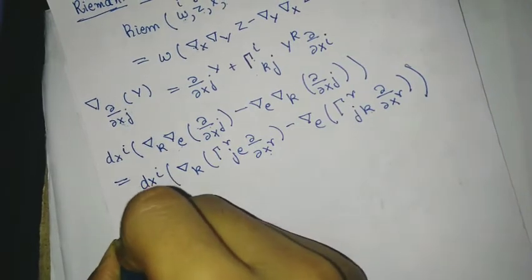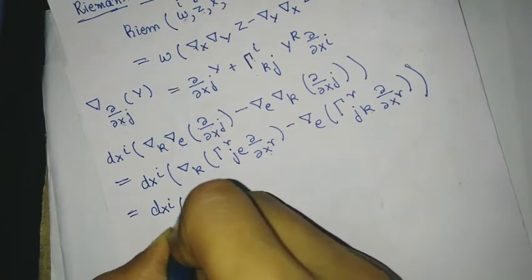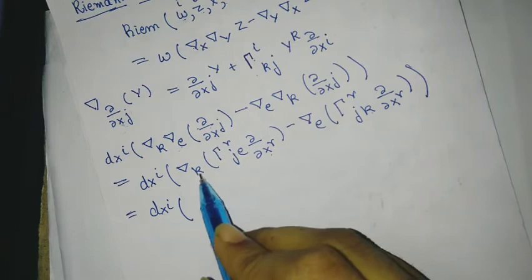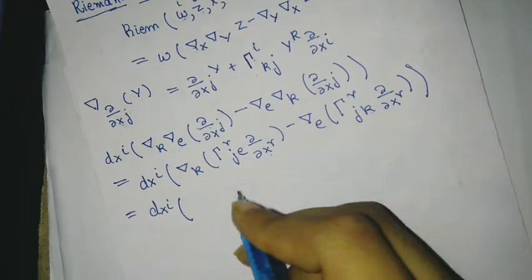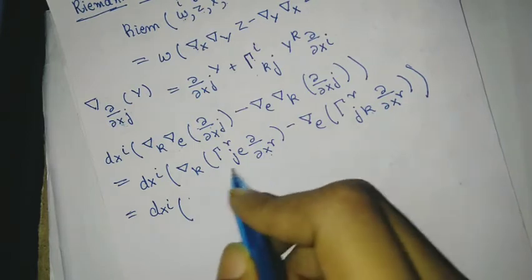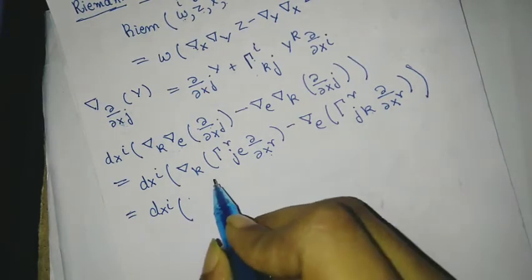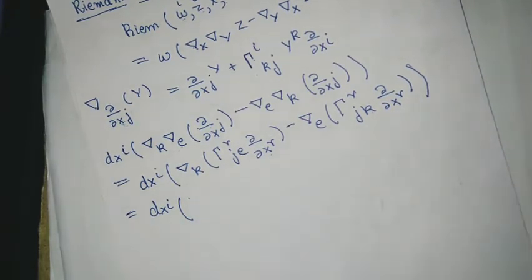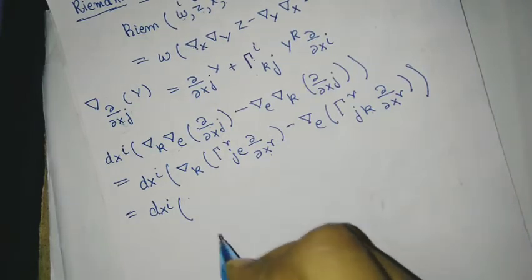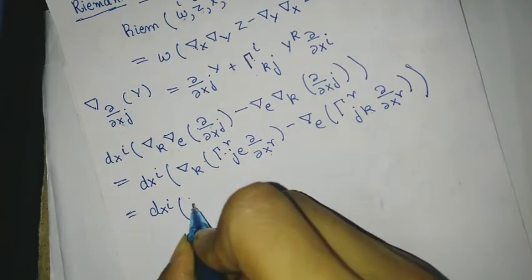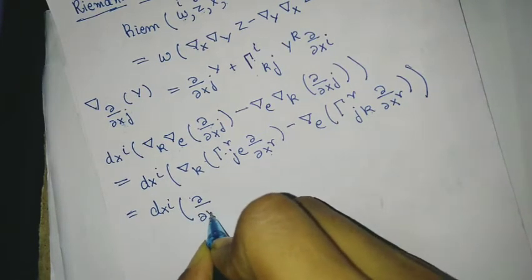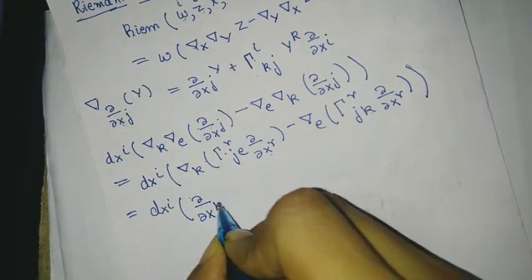Now I will use the C infinity M linearity of this, but before that I have to use the Leibniz rule. So this acts on this as a normal derivative.